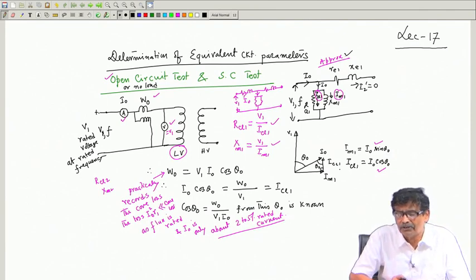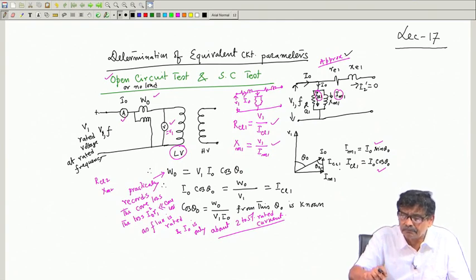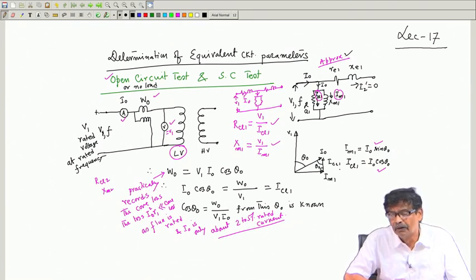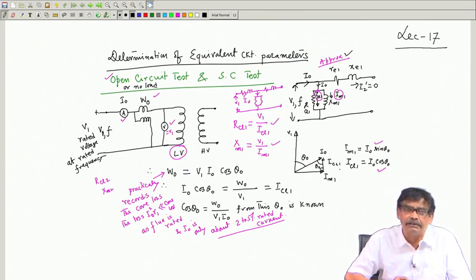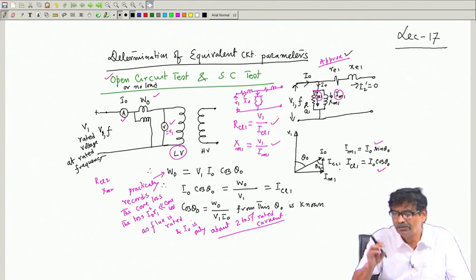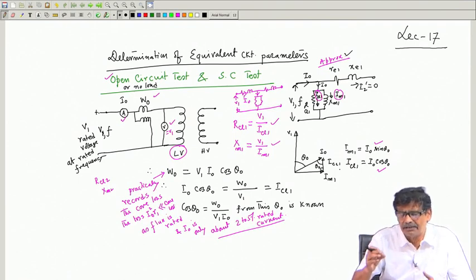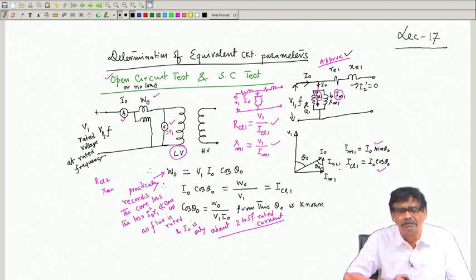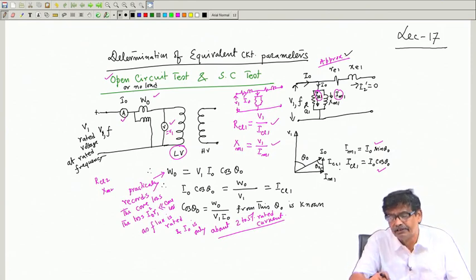Although from the circuit point of view it is fine, the real part of this equivalent Rcl and Xm in series will not give, in ohms, the resistance representing core loss, because the flux is constant. Therefore, it is better to represent it in parallel and always talk about this resistance.